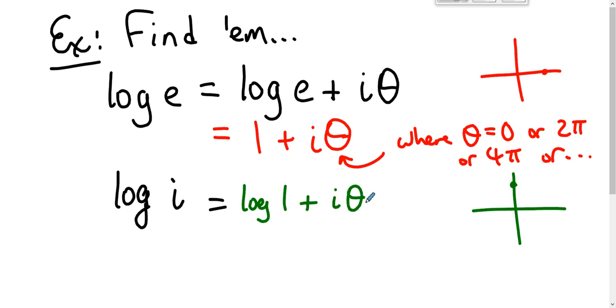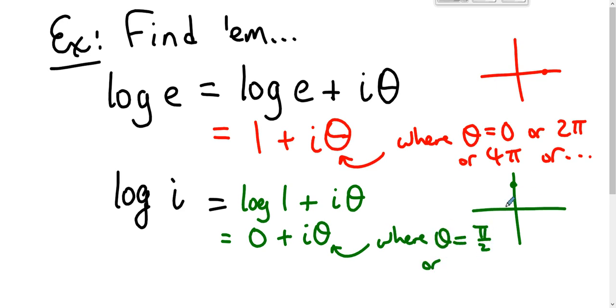Then there's an i theta. So the log of 1, that's 0, plus i theta, where theta is pi over 2, or swing around another 2 pi, or swing around another 2 pi, and so on.